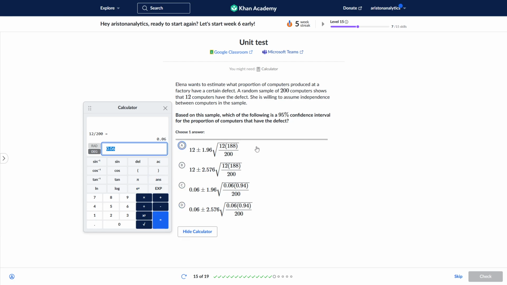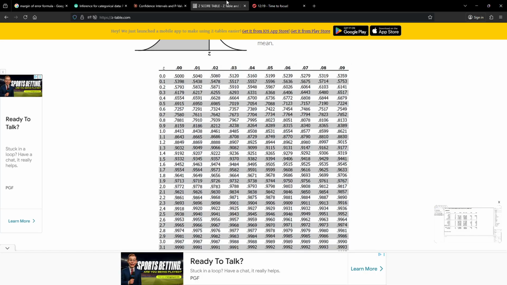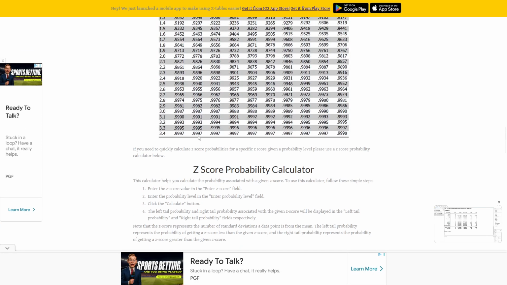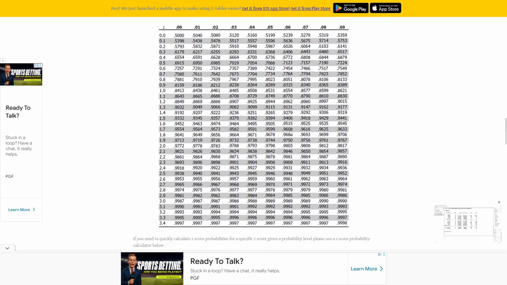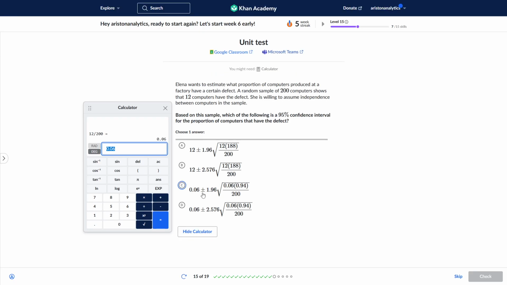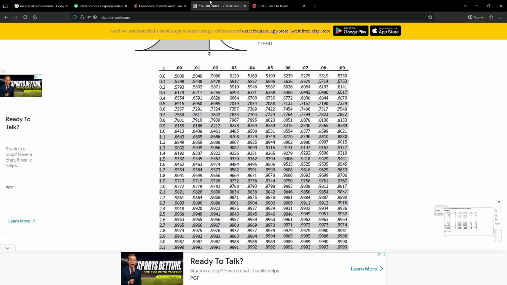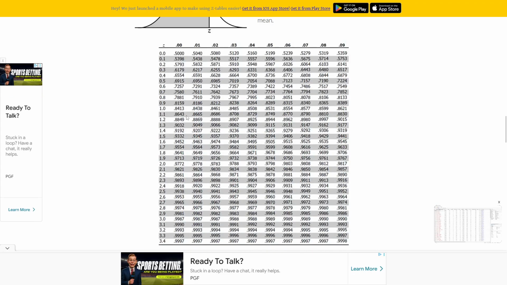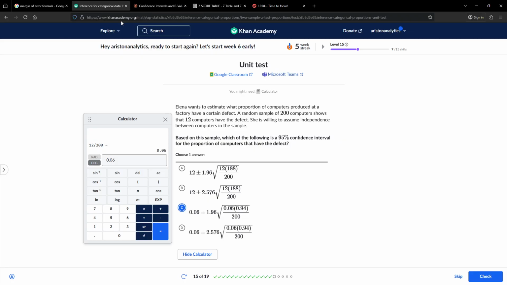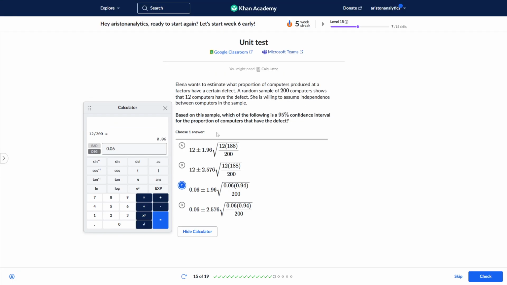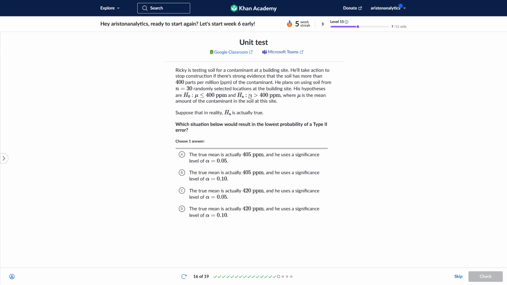And then the z-score is different. 95%. 1.96. 2.5 on each side. True mean.